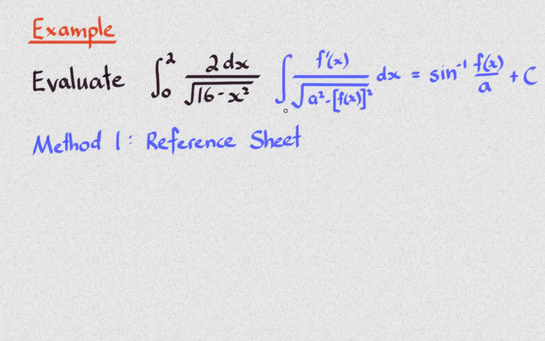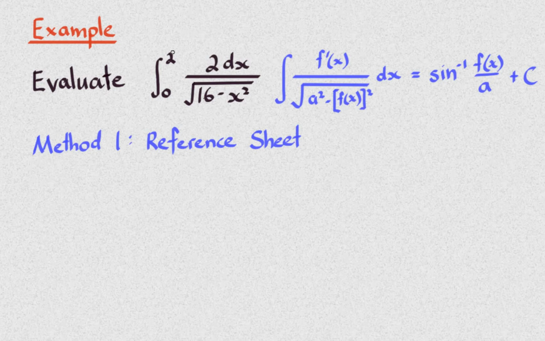Comparing the two, we notice that we are just dealing with x rather than some function of x, which is good. And our a value is 4, because 4 squared is 16. This 2, we might just bring that out the front of our integral because that's just a constant.